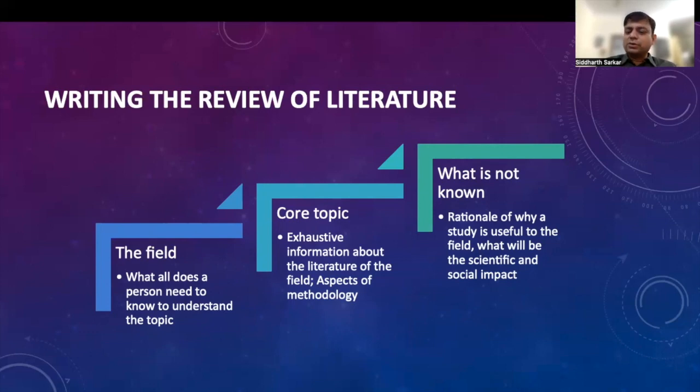Then you move to the core topic, where you need to be exhaustive about the information and the research that has been done. The aspects of methodology also can be presented here when you tell about the core aspects of this topic. Then you move towards what is not known in this topic, and this builds upon the rationale of why a study is useful to the field and what will be the scientific and the social impact of researching in this area.